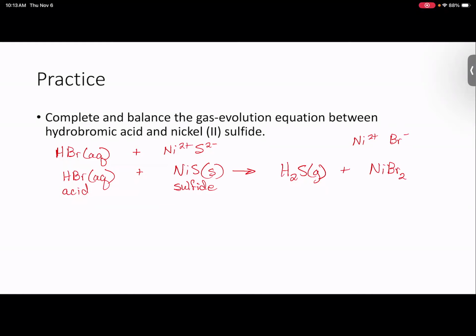Again, NiBr2 is an ionic compound, so I go to the solubility rules. According to the solubility rules, chlorides, bromides, and iodides are soluble except for lead 2+, silver +, and mercury(I) 2+. Since this is not one of the exceptions, that means that this is aqueous. Finishing to balance this equation, I'll need 2 acids for every 1 nickel sulfide.